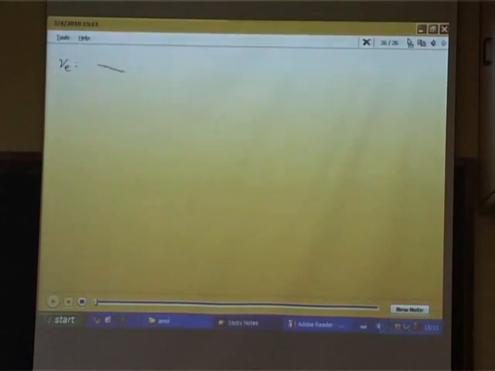This was nu e going to nu e, with electron going to electron. This is the thing that can happen. There is no change in momentum also, obviously.